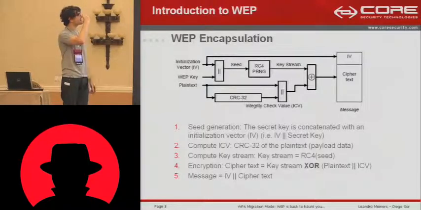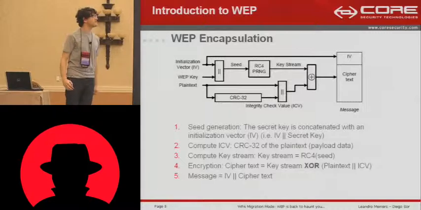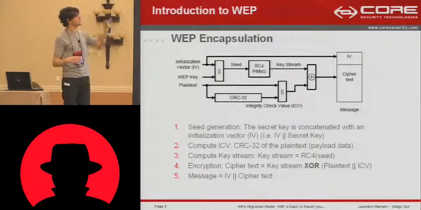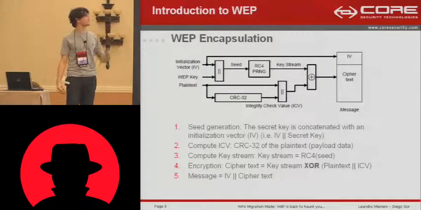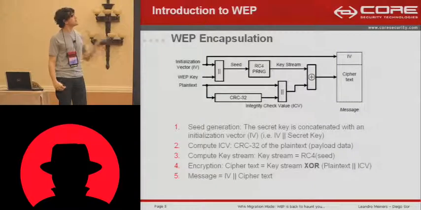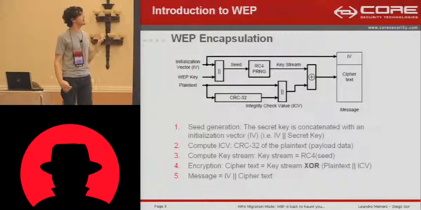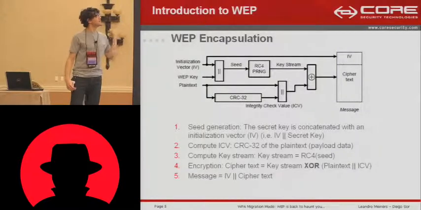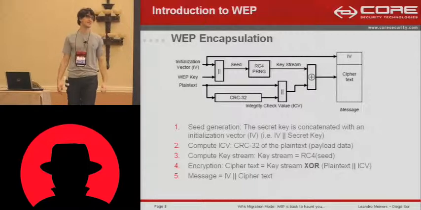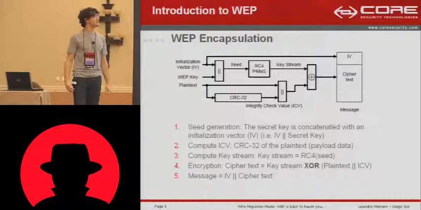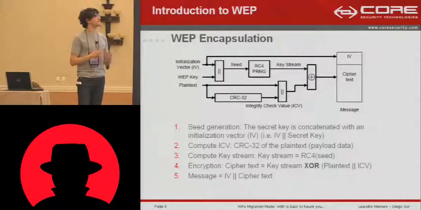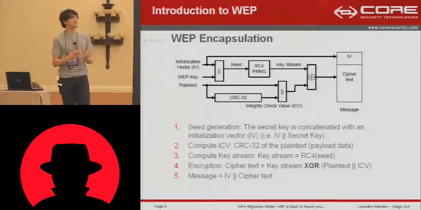So this is the basic diagram of the WEP encapsulation. We have the plain text that goes through the CRC32 calculation. We concatenate the two, meaning the plain text and the CRC32. Then we have the initialization vector and the WEP key. We concatenate the two, and this is called the seed that enters the RC4 pseudo-random number generator, which is basically the RC4 generator of the key stream.